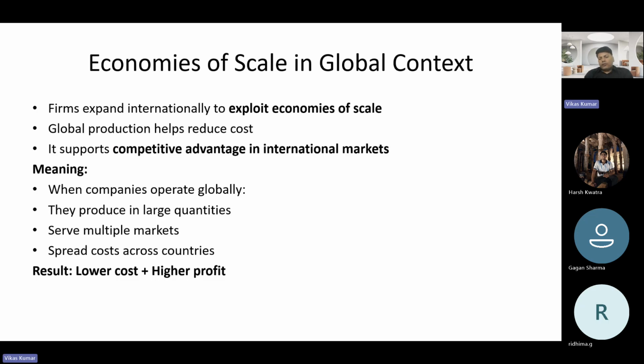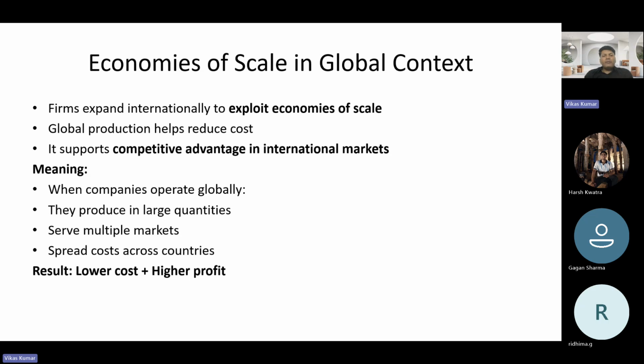So now let's discuss it again in a global context also, because this is a subject of international business strategy. We should not miss out on the global context when we talk about every topic. So economy of scale can be connected with the global context also. Firms expand internationally to exploit the economy of scale.